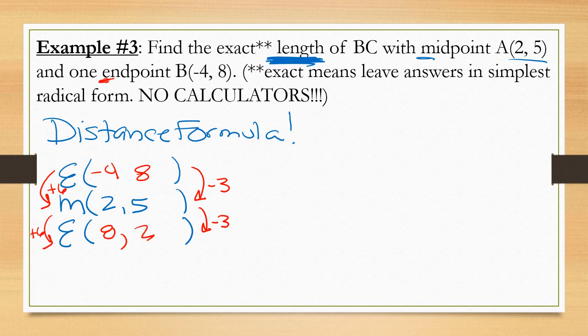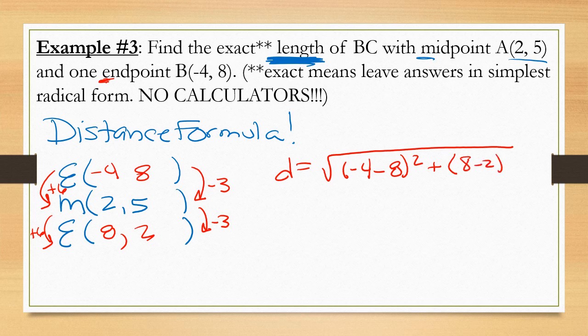So now I have my 2 endpoints. So using the distance formula, you've got to subtract the x-coordinates. So I'm going to take the numbers in red, and I'm going to subtract the x-coordinates: -4 minus 8 squared. And I'm going to add that to the difference of the y-coordinates: 8 minus 2 squared.